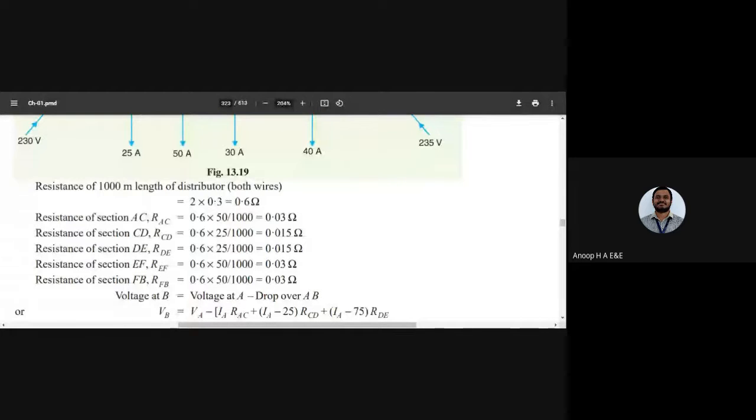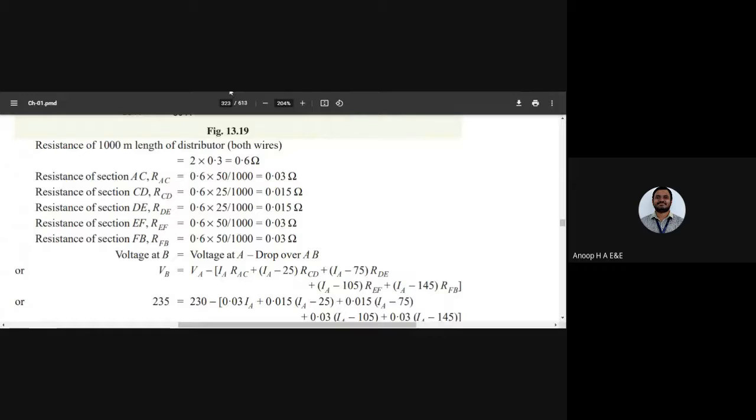For the CD section, I stopped at 0.01; with 3 decimal places, I'm getting 0.0153. Okay, 0.015 is also fine. No problem. Let's move on to the next one.